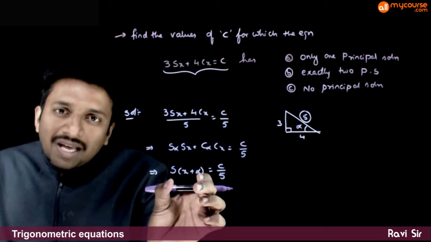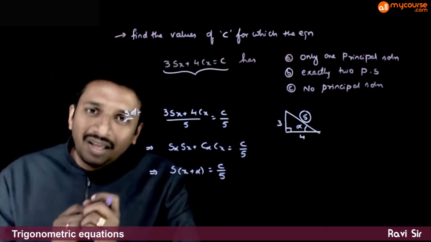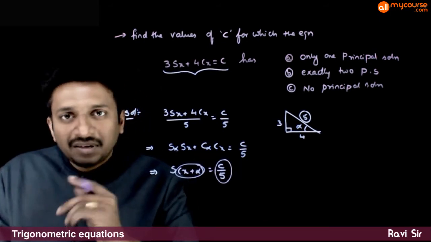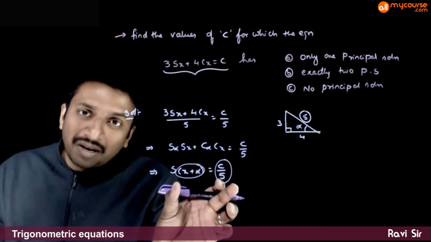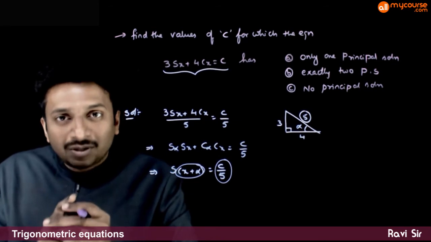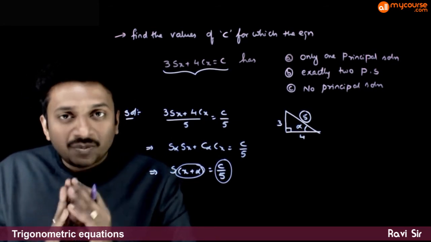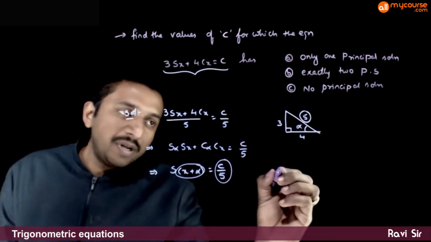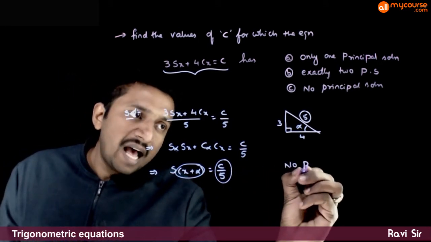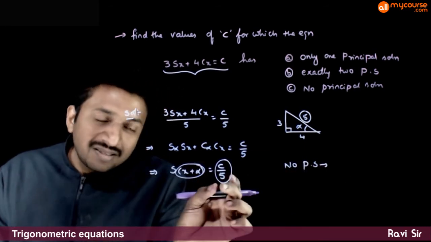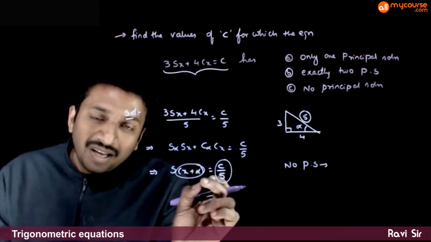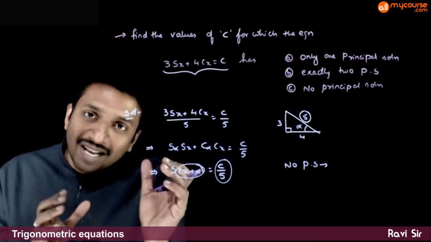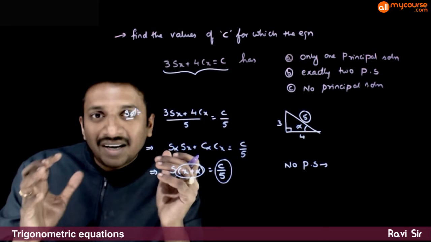So this is nothing but sine of x plus alpha is equal to c by 5. So now this equation has become a standard simple equation. Sine of something is equal to c by 5. So this equation usually has two principal solutions or one principal solution or no principal solutions. So when will this have no principal solutions? If it has no principal solutions, that means the c by 5 has to be lying outside the range of sine, because sine is always less than or equal to 1 and greater than or equal to minus 1.